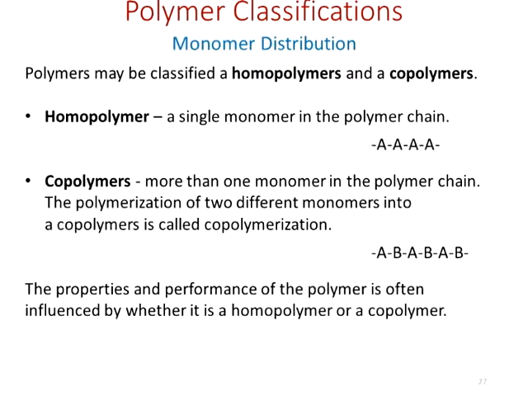Homopolymers are single monomers in the polymer chain. So all you have is AAAA, or it could have been BBBB or XXXX, but it's all the same. It's homogeneous in terms of its monomer distribution. A copolymer, on the other hand, has more than one monomer in the polymer chain.